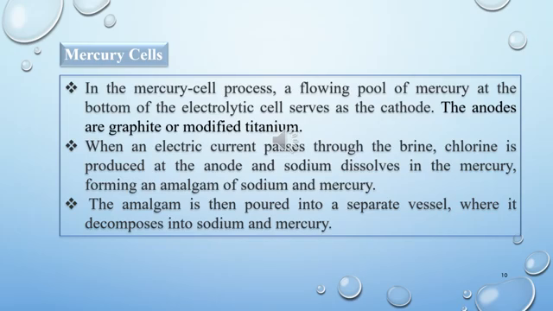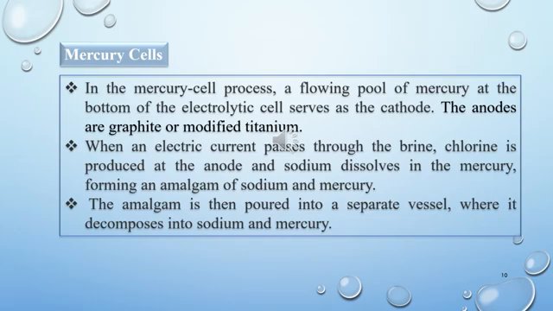Now, what will happen to the sodium? Sodium will be dissolved in mercury, which was acting as cathode, and by dissolving in mercury, it will form sodium amalgam or amalgam of sodium or mercury.